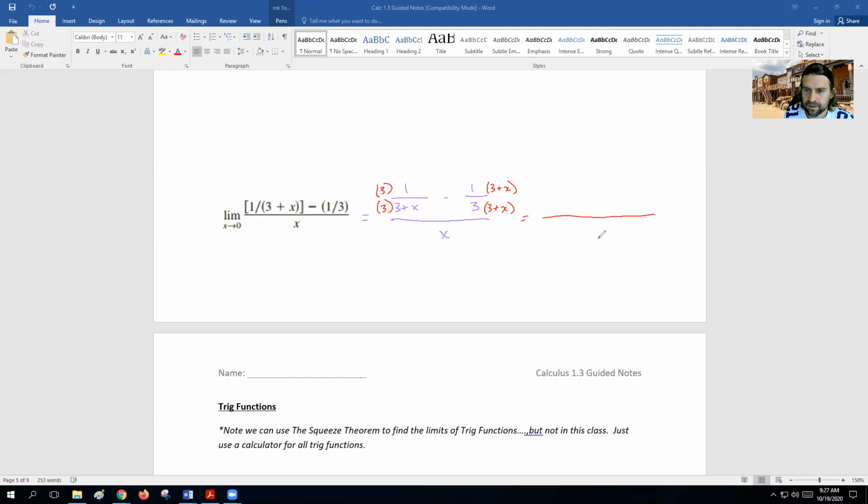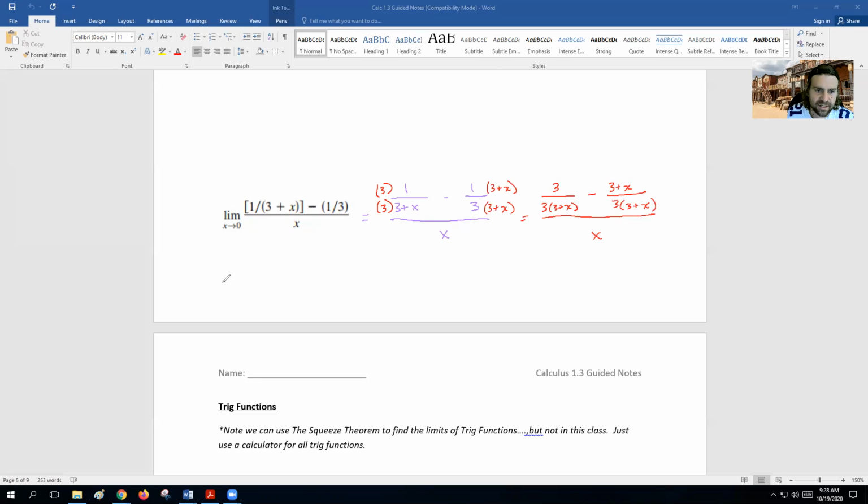So totally ignoring this x that's on the bottom here right now, I would get a 3 over 3 times 3 plus x. Now I could distribute that, but you'll see it won't matter later on. Then minus 3 plus x over 3 times 3 plus x. Okay, so the first step is I multiply to get common denominators.